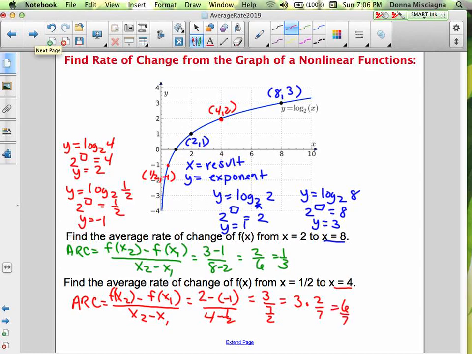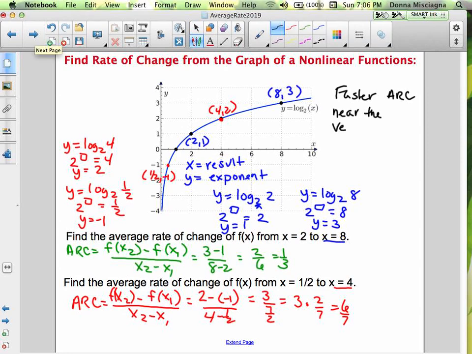6 sevenths is, of course, greater than 1/3. 6 sevenths is almost 1. And so kind of an interesting thing about log functions is that they have a faster average rate of change near the vertical asymptote.